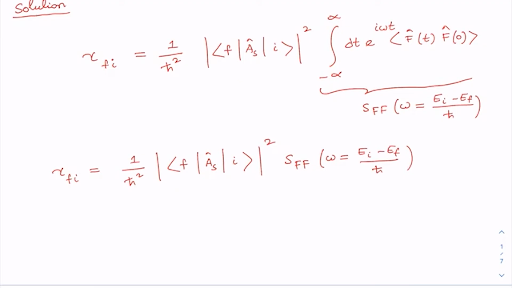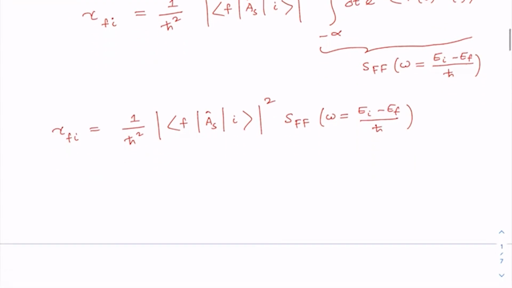While I write this formula, omega is considered to be positive because, if you recall the lecture, we are going from the higher energy state to the lower energy state. So this is the transition rate.